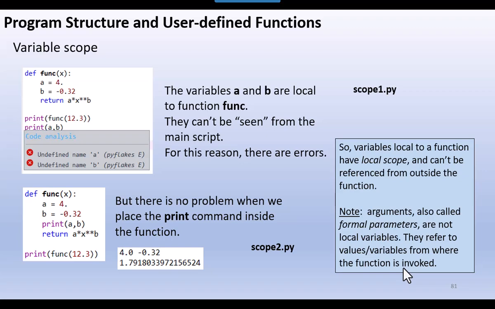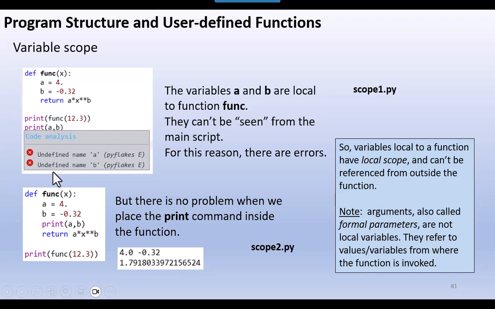So in this first example here, what you see is within a function, which is sort of a nuisance function, it just does something for us, of x, we define a and b, and then we return a value of a x to the b power. And then we run the function here, or try to run it, and then we try to print or display the values of a and b, and we get an immediate error.